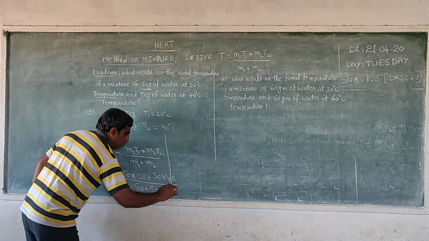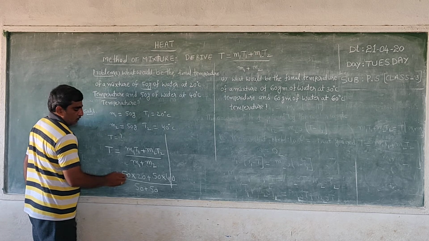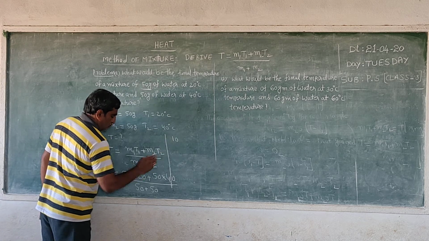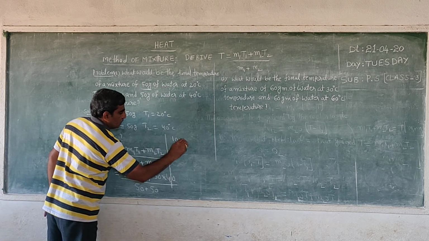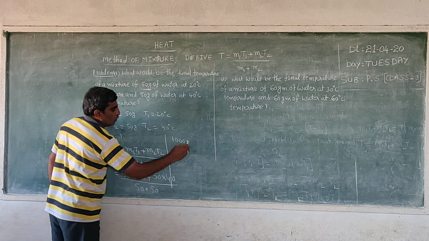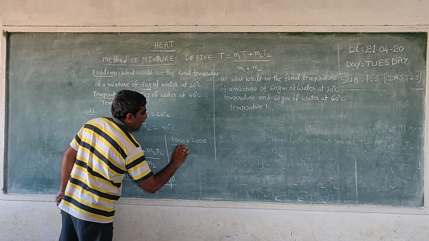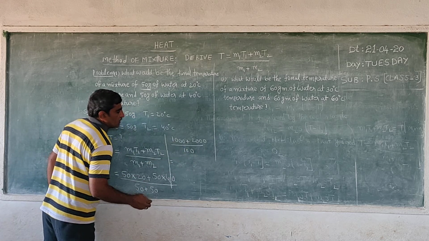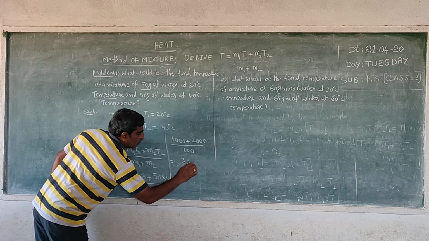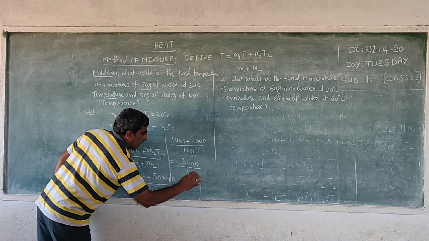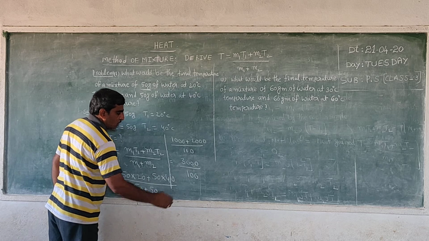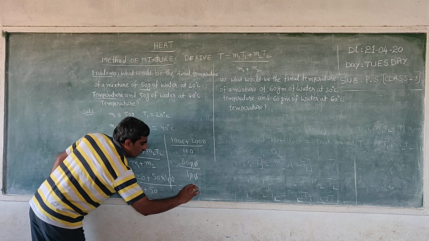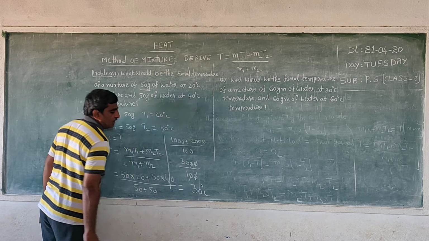So we can calculate this. 50 into 20 is 1000, plus 50 into 40 is 2000, by 50 plus 50, 100. So that is equal to 1000 plus 2000, so 3000 by 100. We can cancel the two zeros. Hence the final temperature of the mixture is 30 degrees Celsius.